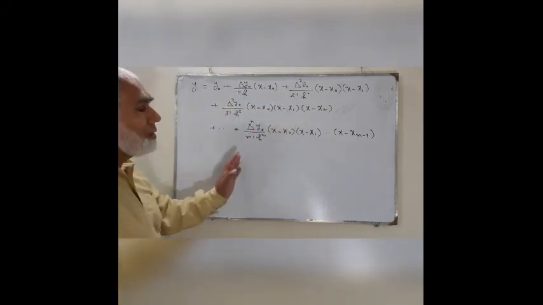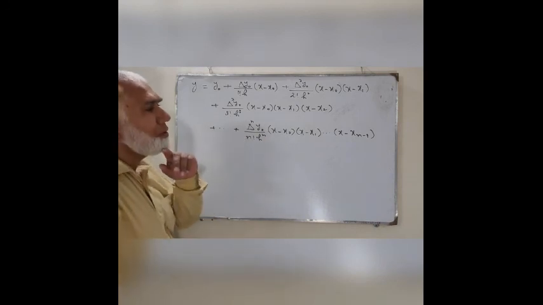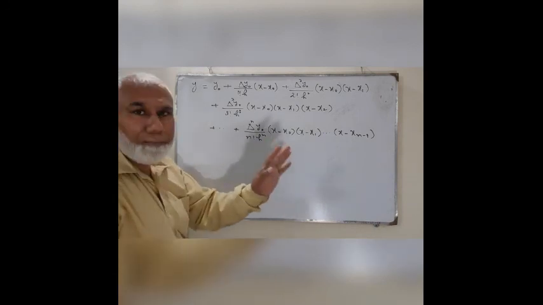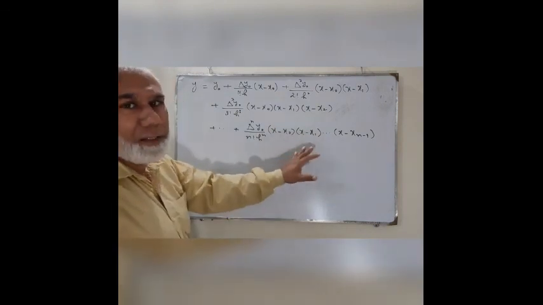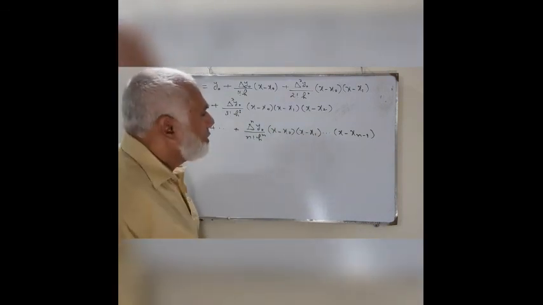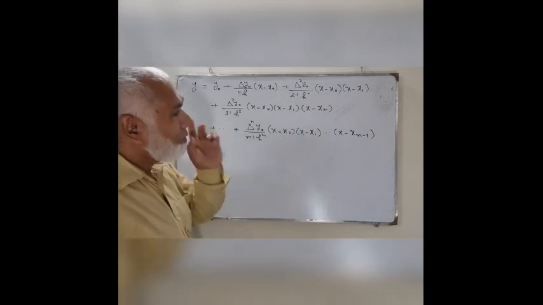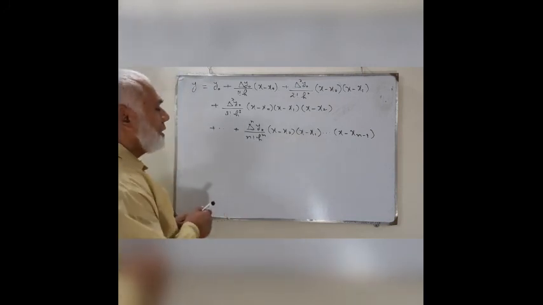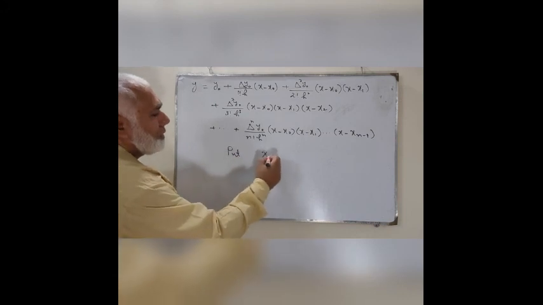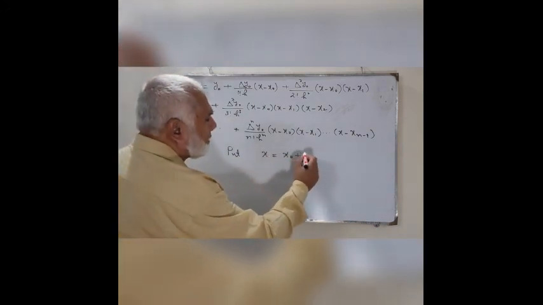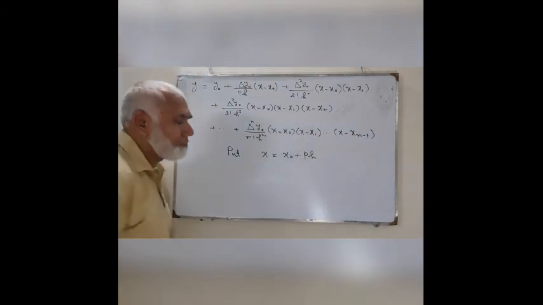Now this result, of course, is the interpolation formula, but we are going to make a bit more changes here to make this formula more compact. So the change which we are going to introduce here is that we are now putting x is equal to x0 plus ph.